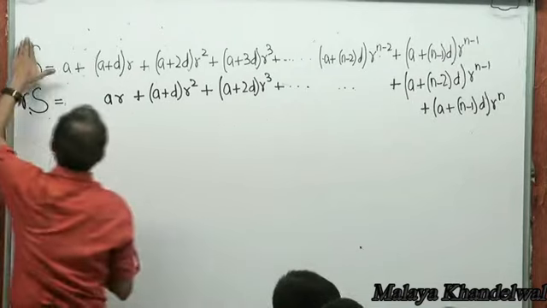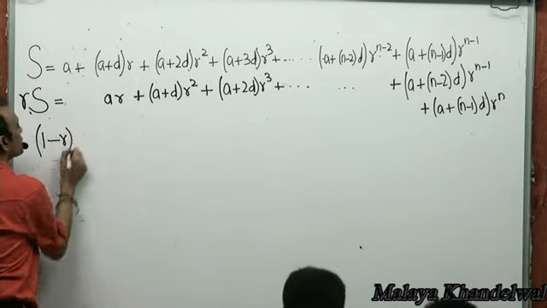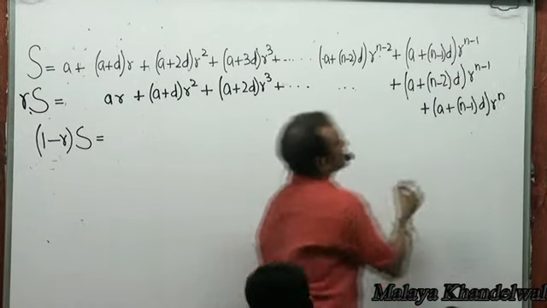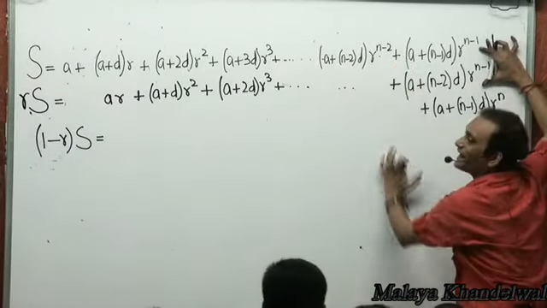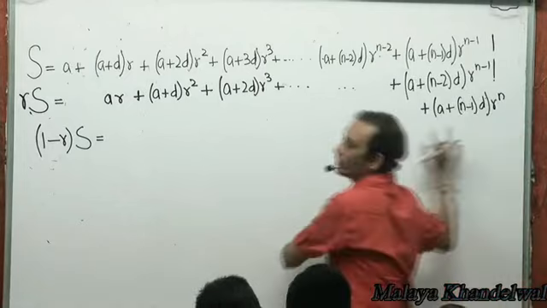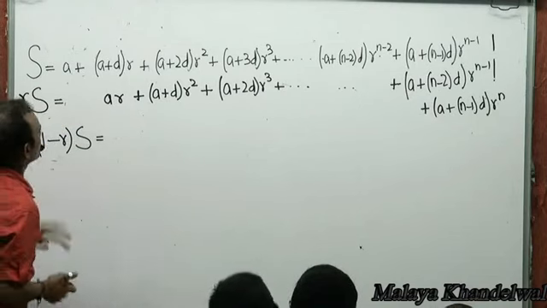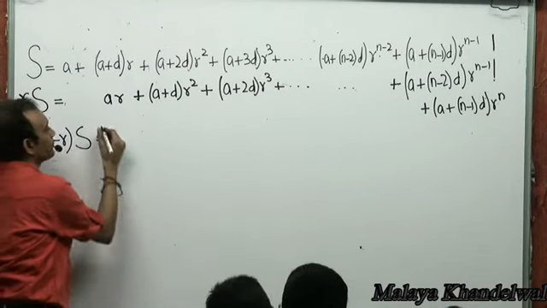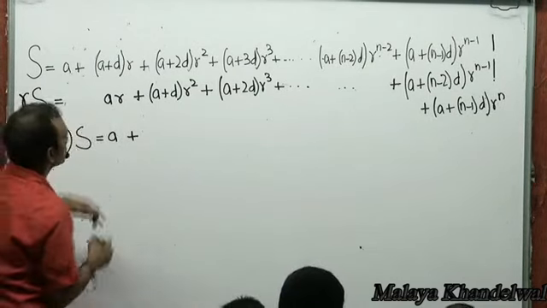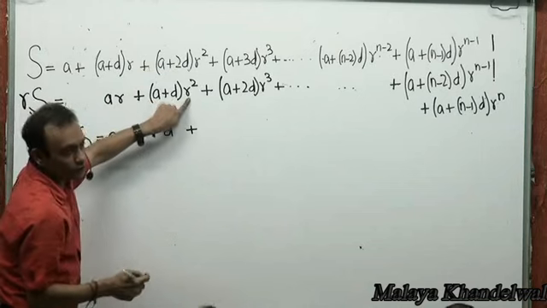Now what I do is I subtract. If I subtract, I get 1 minus R into S. Up to this, how many pairs will be there? N pairs. And this would be the unattended term, right? So this will become A, plus, this will become D into R when I subtract. This will become D into R squared.